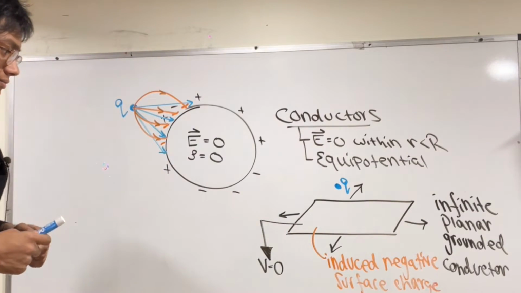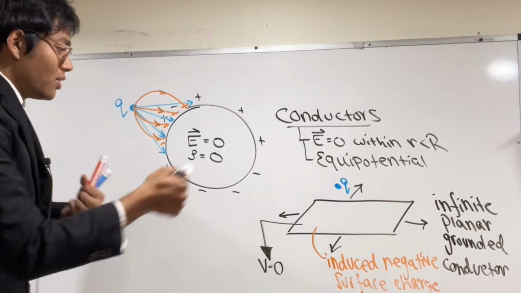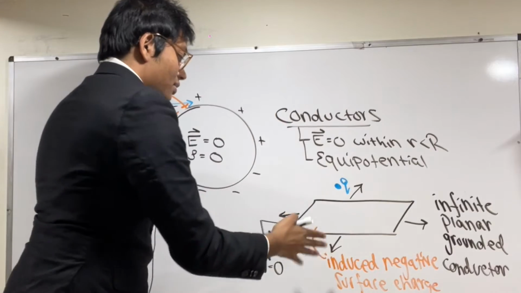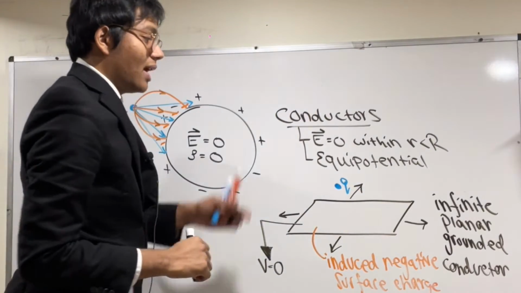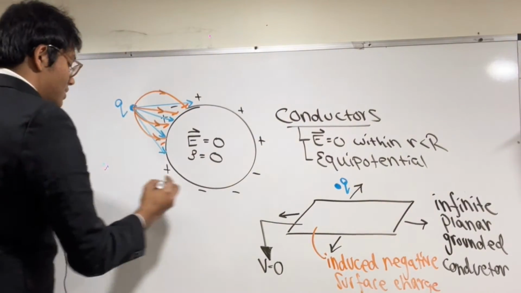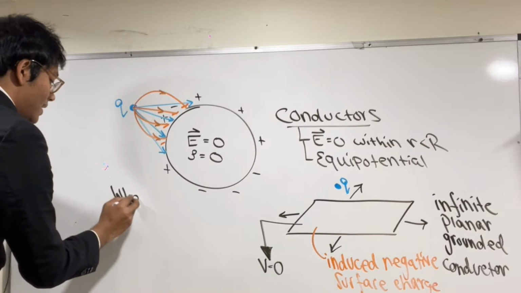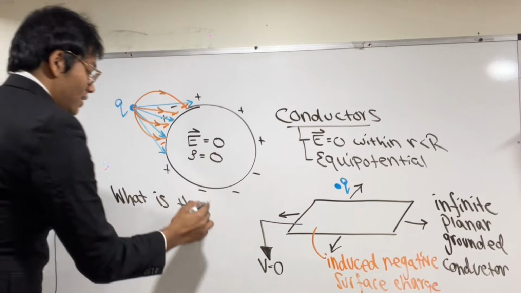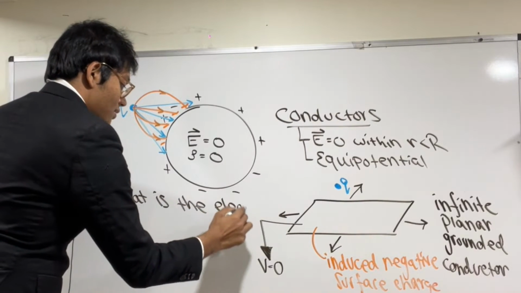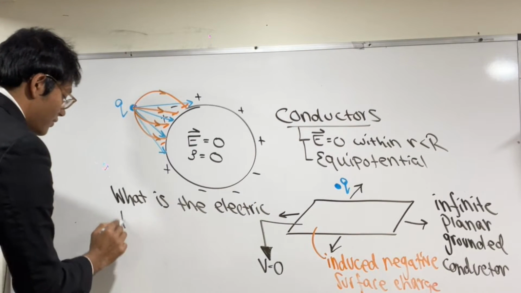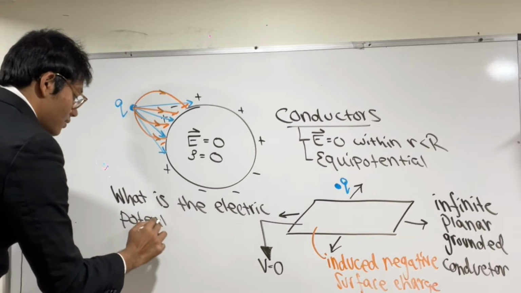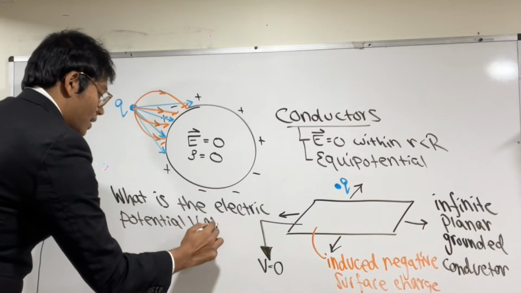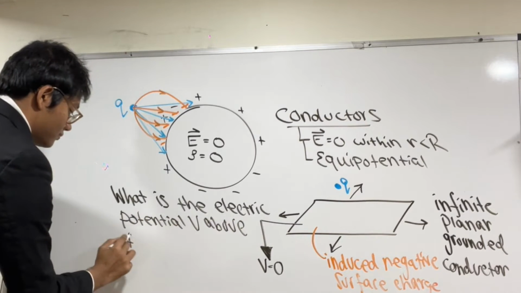Now, the question is simple. What is the electric potential, V, of this charge distribution above the plane?